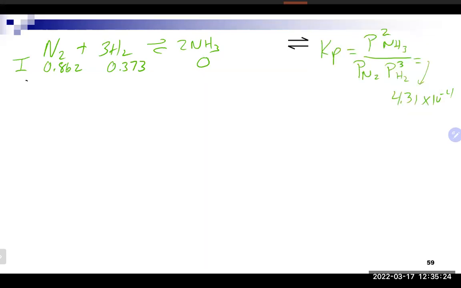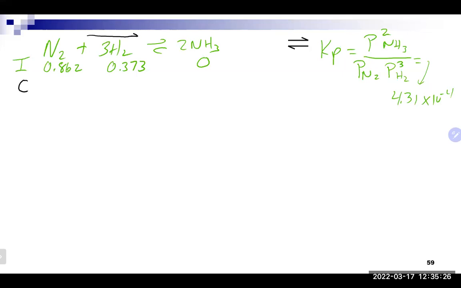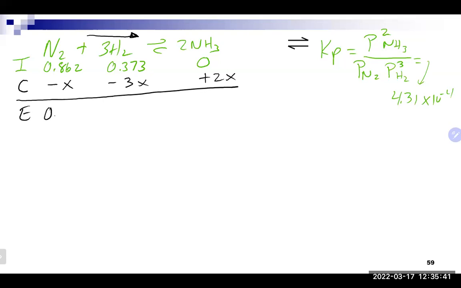Our change part, we will also assume it is heading in this direction since we have no products to begin with, will be minus x. That should then be minus 3x, and that should be plus 2x. Bringing us down here will get us 0.862 minus x, 0.373 minus 3x, and a 2x. Any questions on the table here?